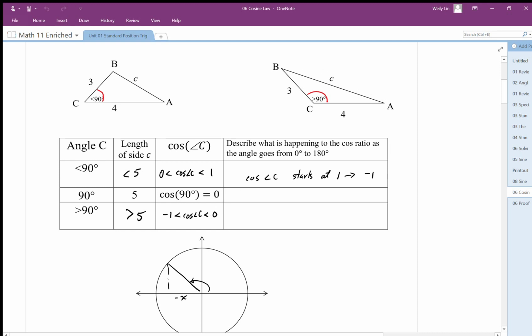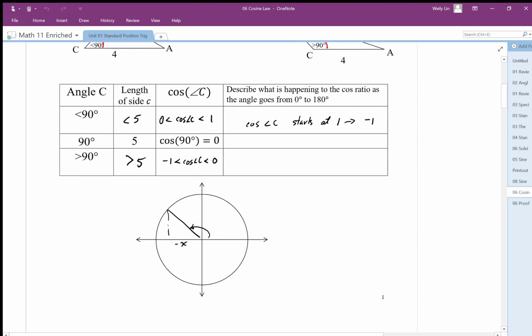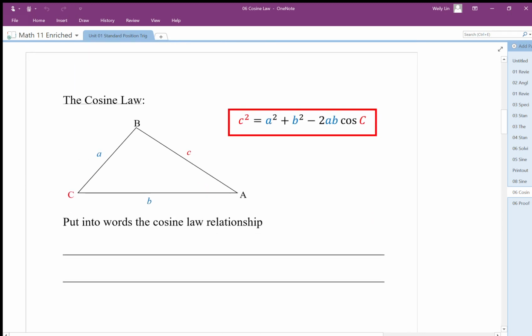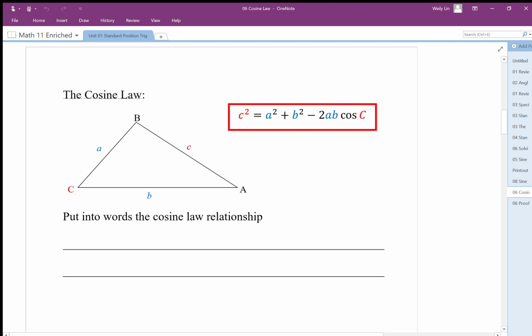And so when I look at the formula, it looks like this. To be very clear, it is basically the Pythagoras theorem. There's my Pythagoras theorem. Now, it is a Pythagoras theorem when the angle is not 90 degrees. When this is 90 degrees, cosine of 90 is 0, so this all disappears, and we're just left with Pythagoras theorem.